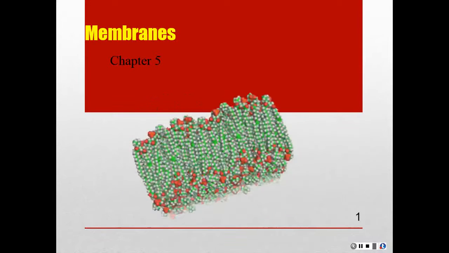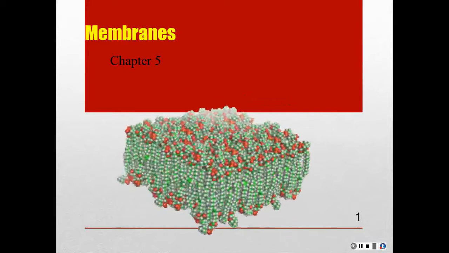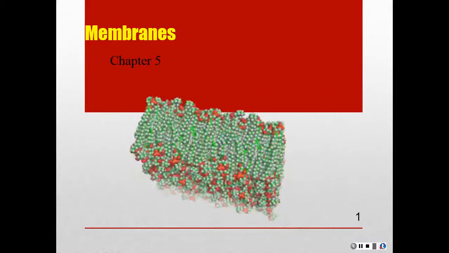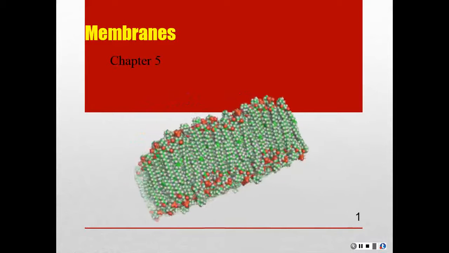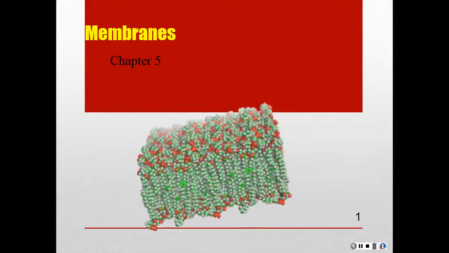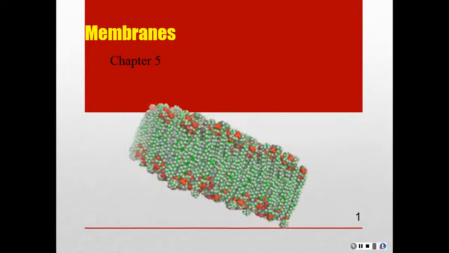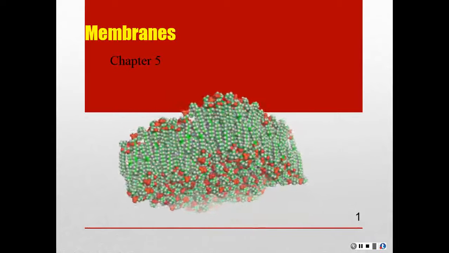So to give a little history, at the turn of the century, researchers noted lipid-soluble molecules entered cells more rapidly than water-soluble molecules, suggesting lipids are a component of the plasma membrane. Later, chemical analysis revealed the membrane contains phospholipids.